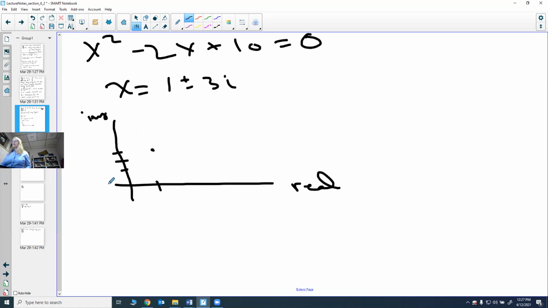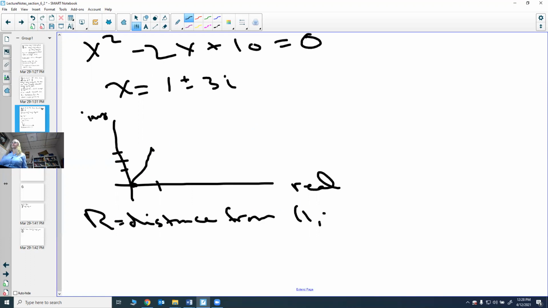We're looking at how far the closest singular point is, so we're looking for this distance from that point to 0. That's what r is. So it's from the point (1, 3) to the point (0, 0).